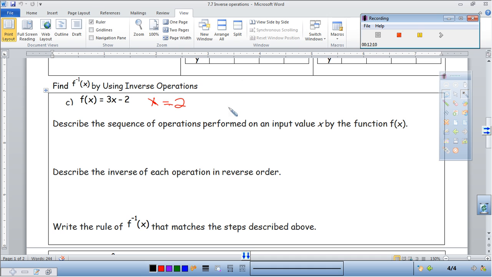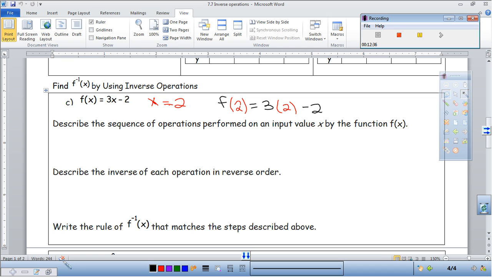So when I plug it in and get f of 2, it's going to equal 3 times the 2, minus 2.